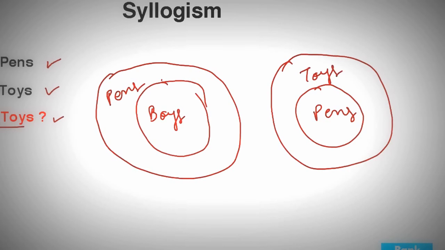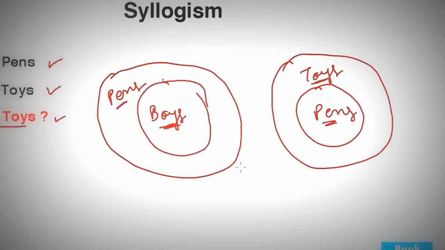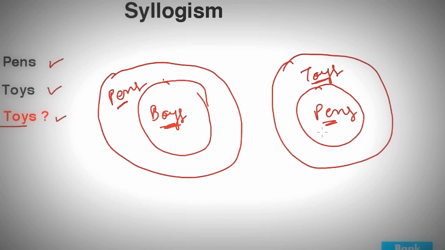So understand this. All the boys are pens. All the boys are the part of the bigger circle, that is pens, and all the pens are part of the bigger circle, toys. So we can combine this. Boys is a smaller circle inside the pens.